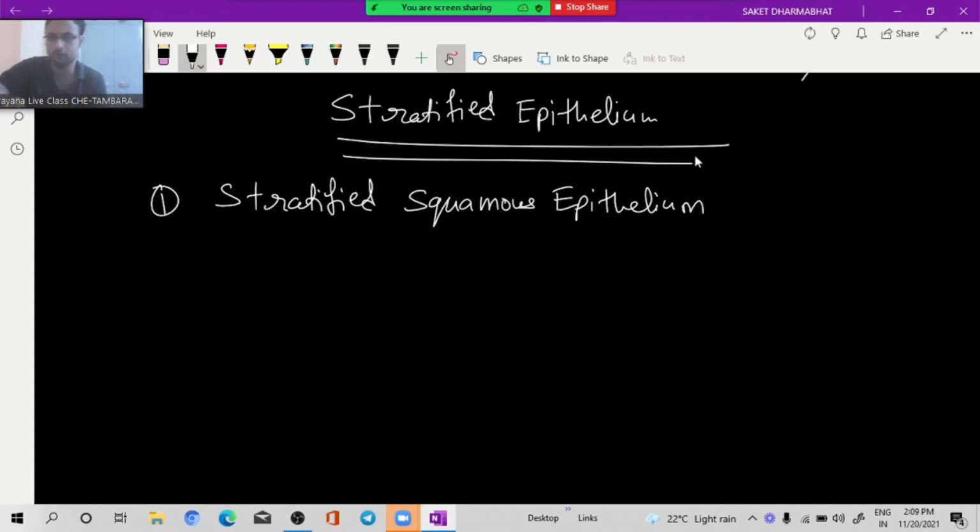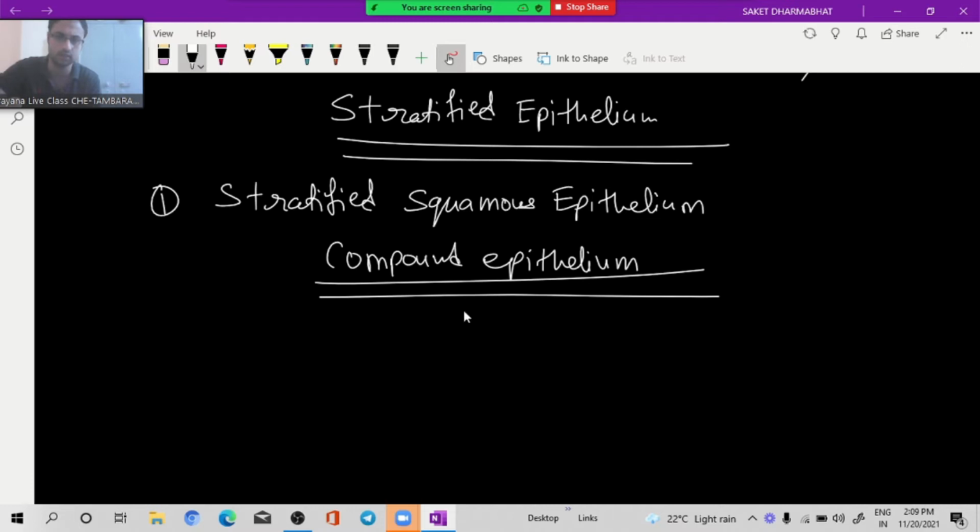Before that, some common things about the compound epithelium we should try to understand. What is the function of compound epithelium? Protective function, like skin.